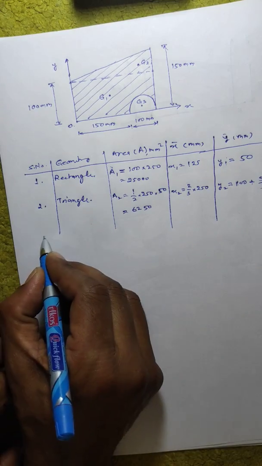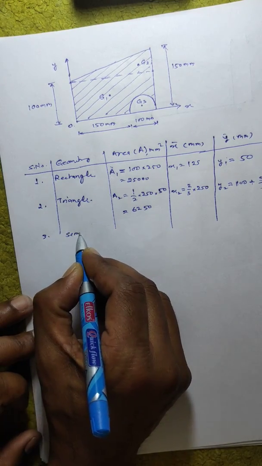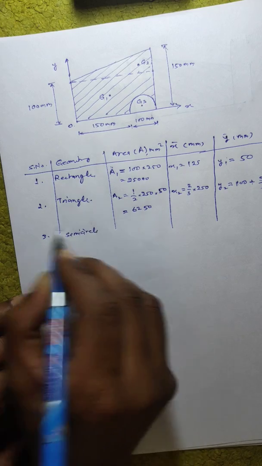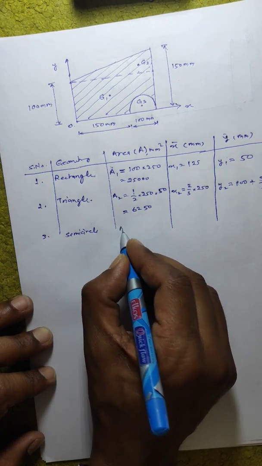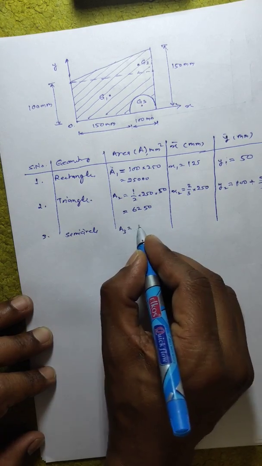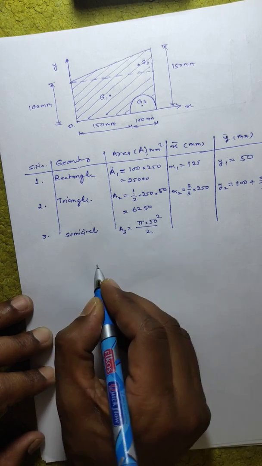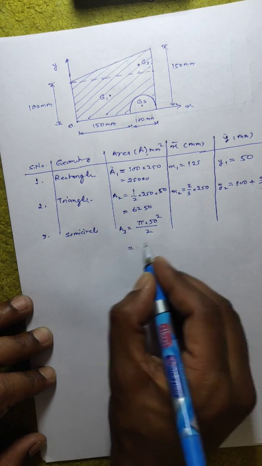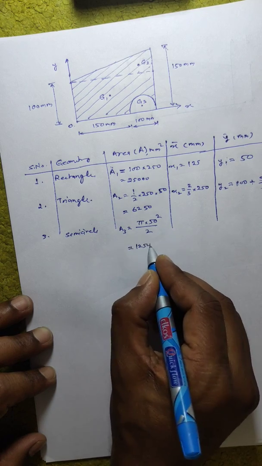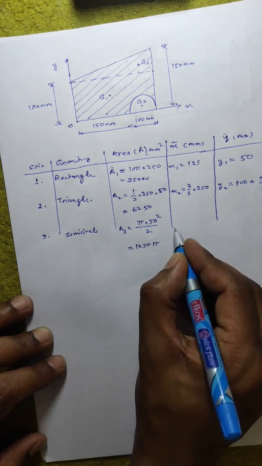Third is your semicircle. For the semicircle, area A3 will be half pi r square, that is pi into 50 square by 2, or you can say it will be 1250 pi.